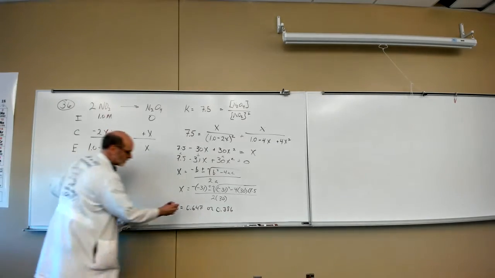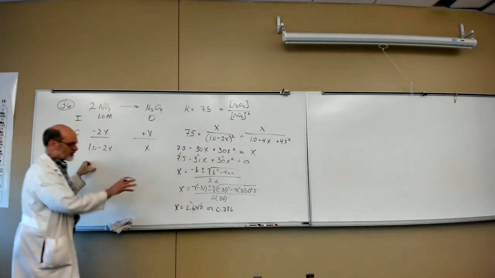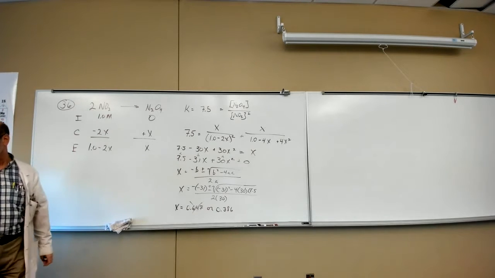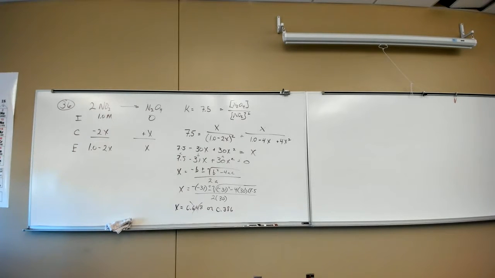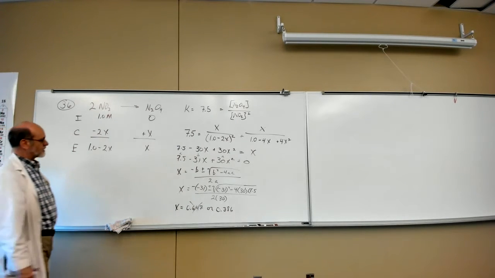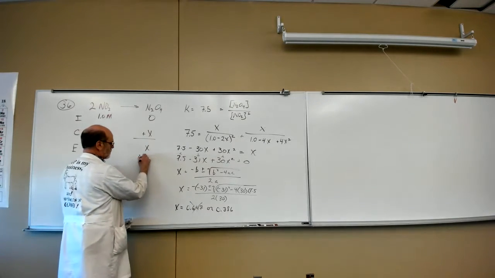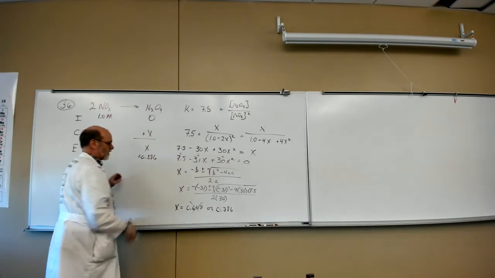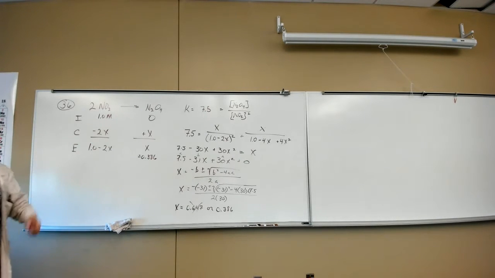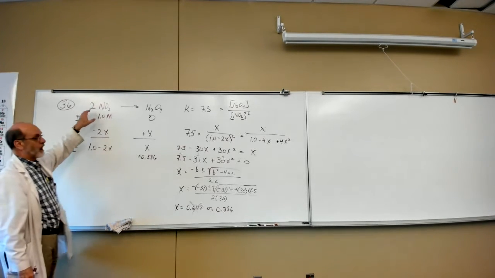Right, it's impossible. So it has to be 0.386. And that's the concentration for that. Right. It's 0.386. Yes. Or partial pressures if it were in that kind of situation. Yes, if it were partial pressure, they'd have to give you the pressures and not the concentration.